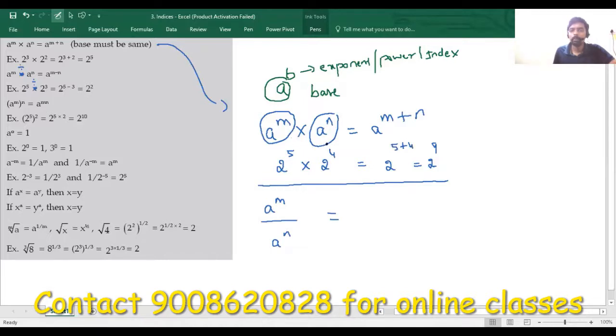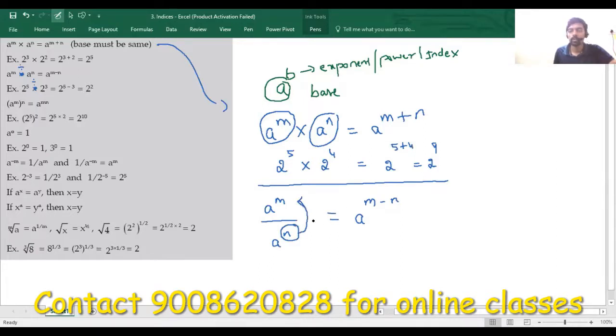A power m into a power n can be written as a to the power m plus n. We'll add the exponents when there is into sign, correct? Now what is the sign here? Division, right? If the sign is division, we need to subtract, a to the power m minus n. So this plus n in the denominator, it becomes minus n.